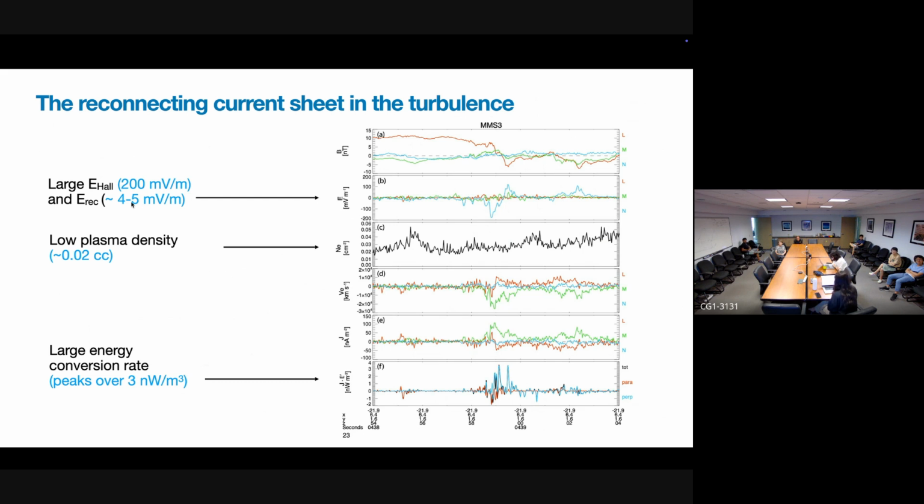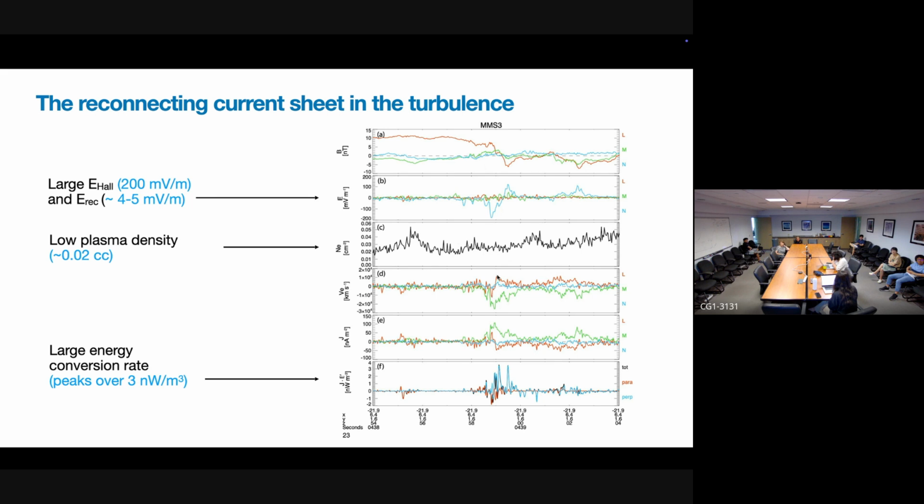The magnitude is 4 to 5 millivolts per meter, about twice as big as most reported tail EDRs. Like we mentioned, the number density is extremely low, and right at the current sheet crossing, we have a strong electron jet in the out-of-plane direction, which is carrying the current.